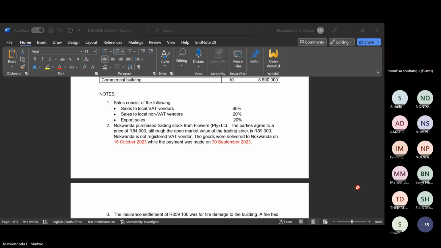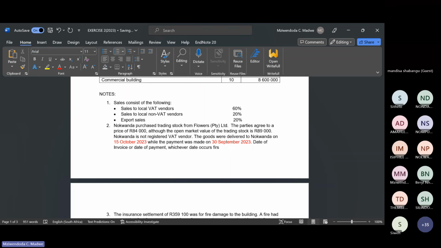The general rule has 2 dates: date of invoice or date of payment, whichever occurs first.